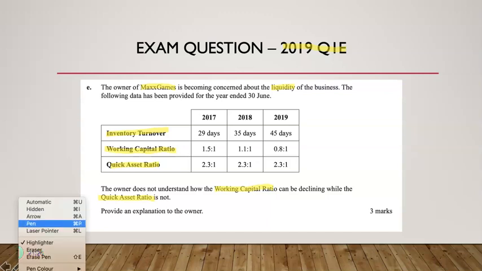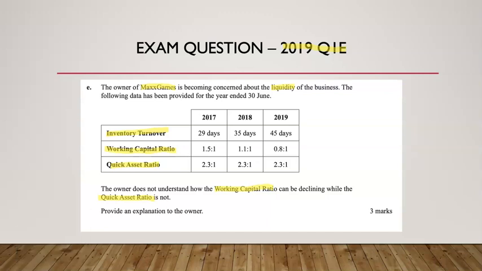So let's have a think about this. Why could quick asset ratio be flat? You can see it's flat, and working capital ratio has gone down significantly from 1.5 to 0.8. Why could this be the case? What's the difference between the two ratios? Remember, working capital ratio must include inventory. So maybe this has gone down because inventory has decreased, but quick asset ratio has not, because quick asset ratio does not include inventory.